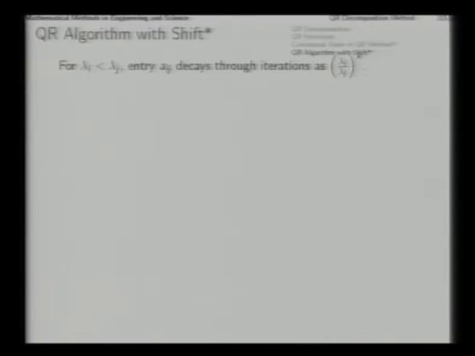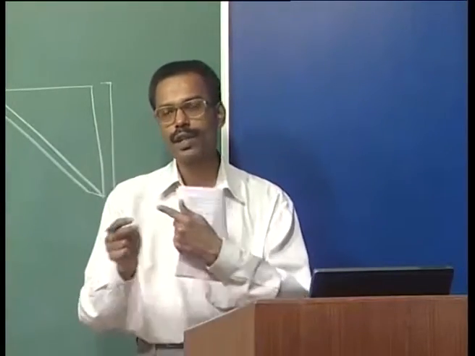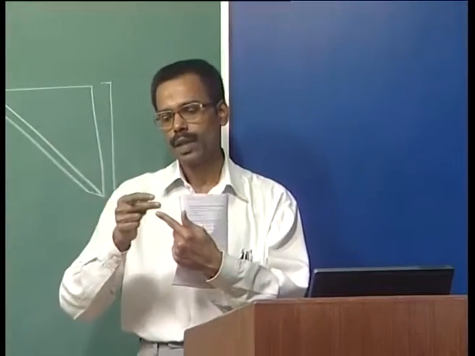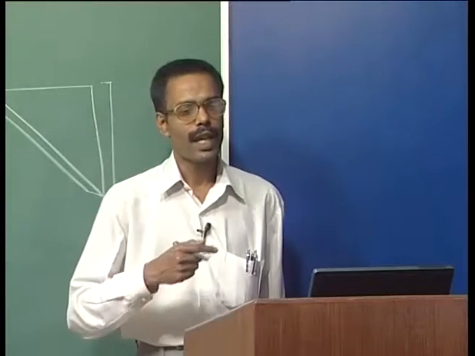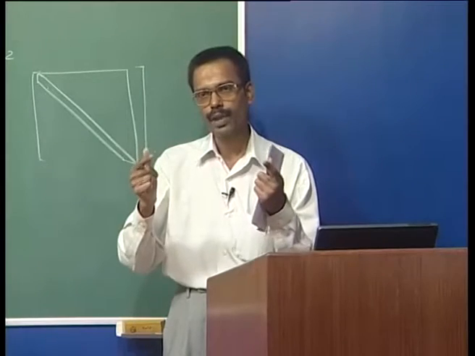There is another important thing in relation to it: the rate of segregation of different eigenspaces is actually directly related to the ratio of eigenvalues lambda i by lambda j, and this observation you can make if you go through one actual process of QR decomposition.